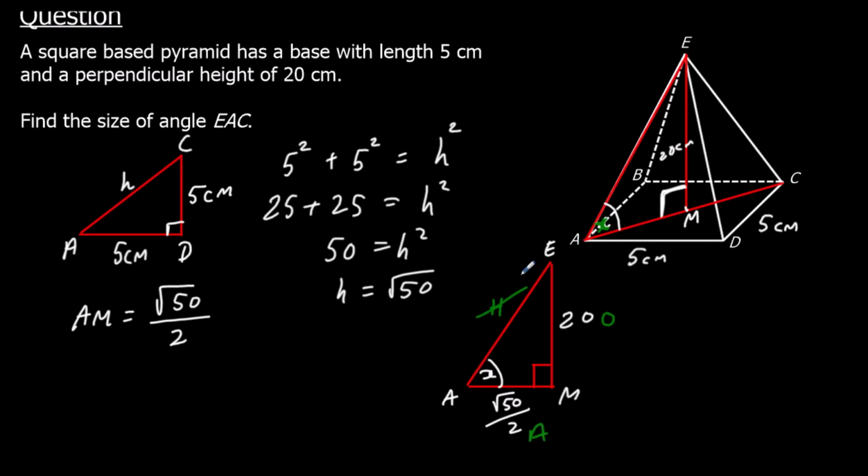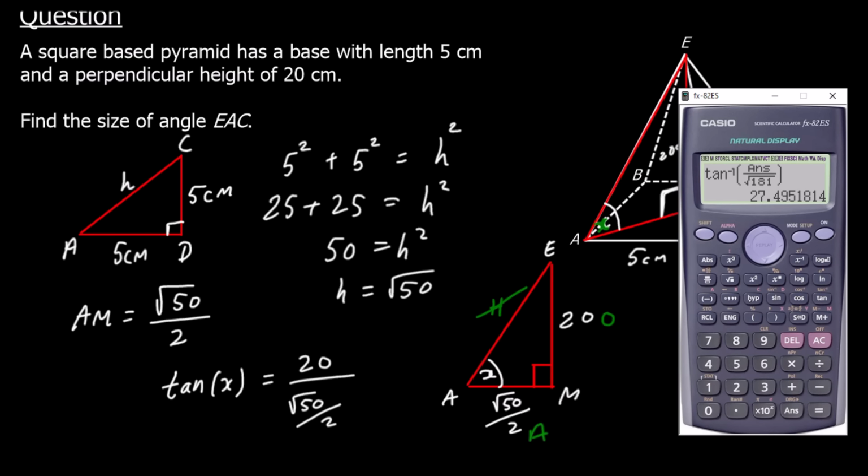So again, we're not using H. It's tan. So it's tan with the angle equals O over A. So 20 over root 50 over 2. So root 50 is 5 root 2. Half of that is 5 root 2 over 2. So we can use this answer in our calculator.